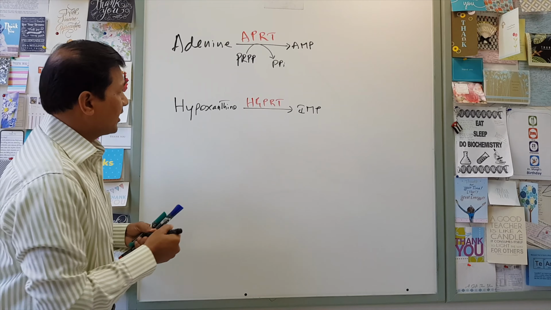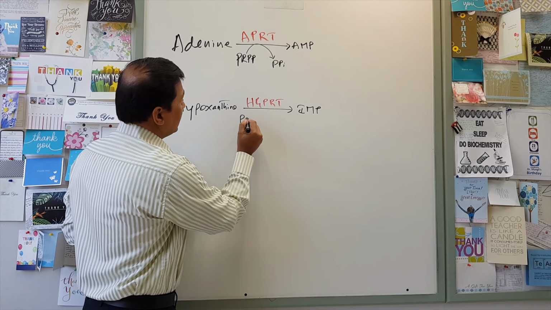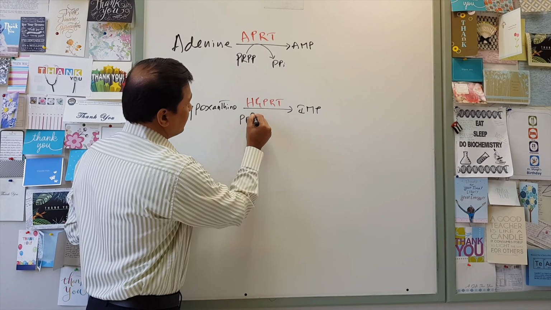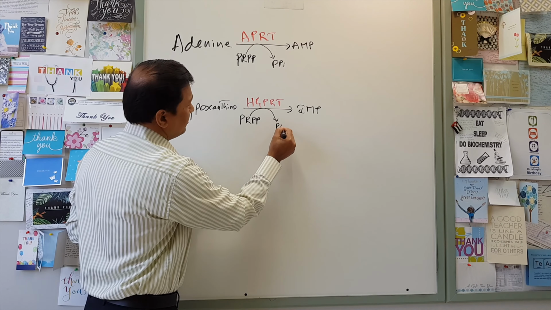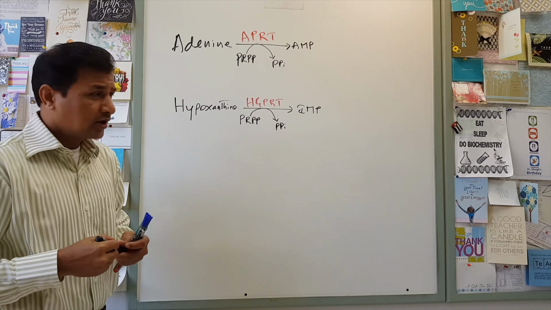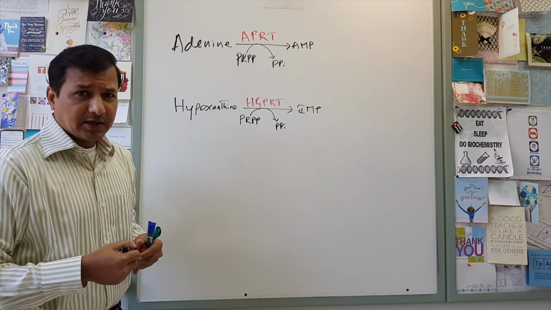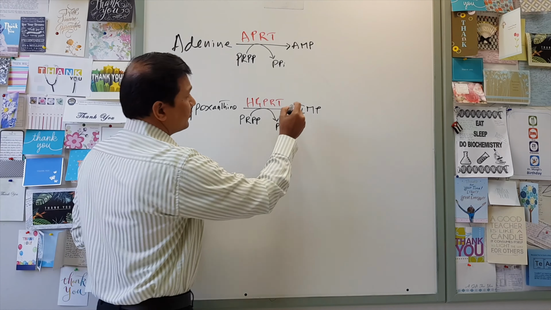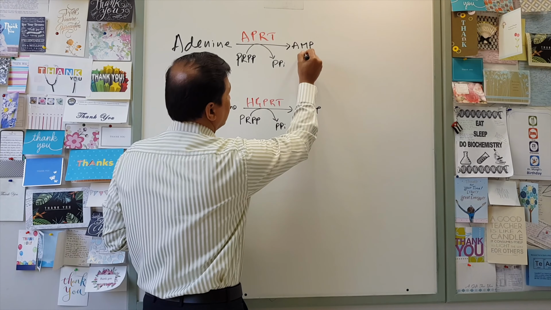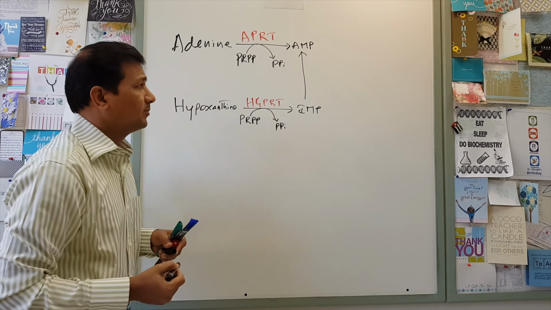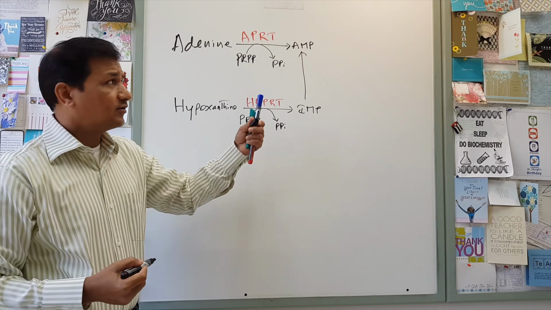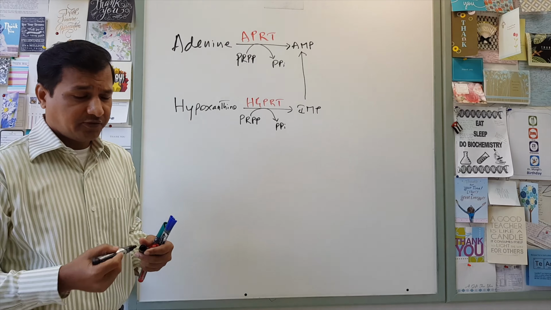In this reaction, again, PRPP, phosphoribosyl pyrophosphate, gets in, and PPi goes out. Now, what will happen to IMP? IMP can be converted into AMP, inosine monophosphate converted into adenosine monophosphate.